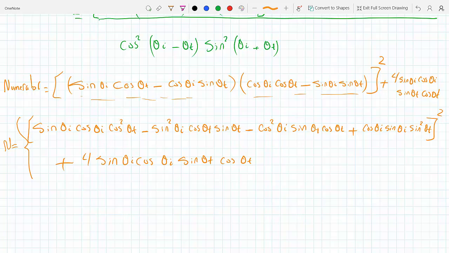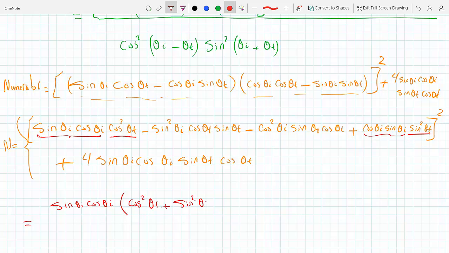Okay, let's see how we could go further here. Well, we can see that there is a cosine squared here and a sine squared here, and these two are the same thing. So if we factor this out, we will get cosine squared theta t plus sine squared theta t, which is 1.